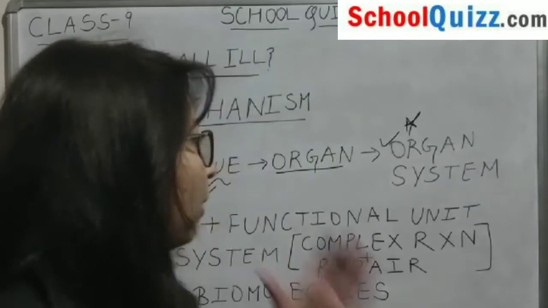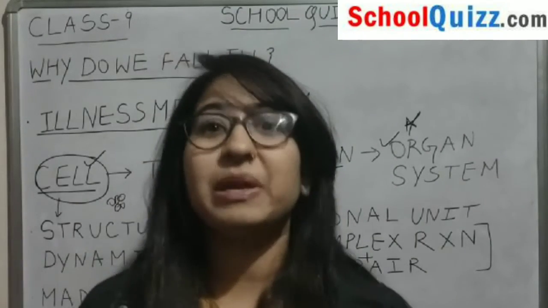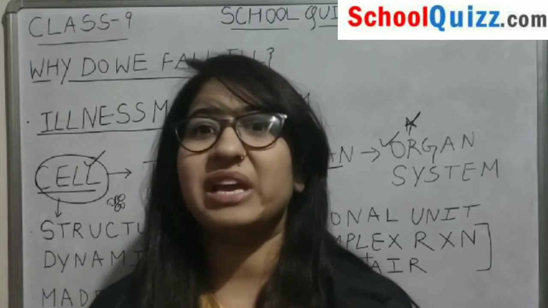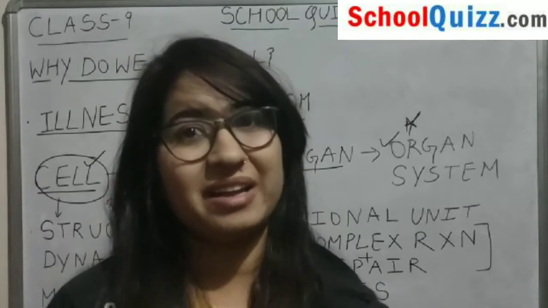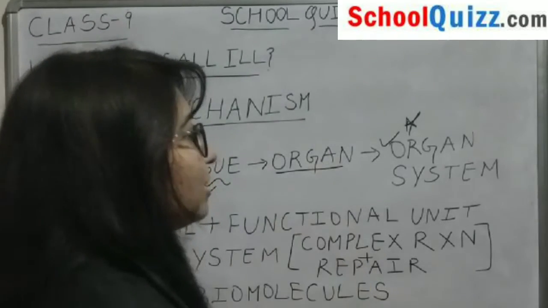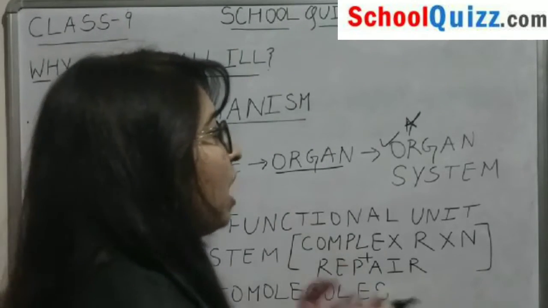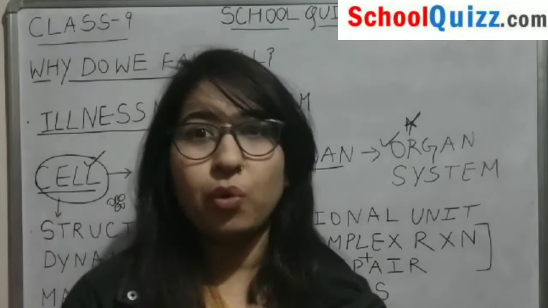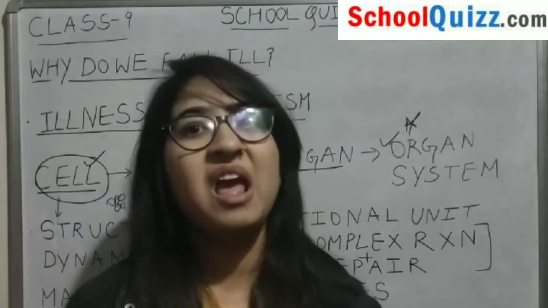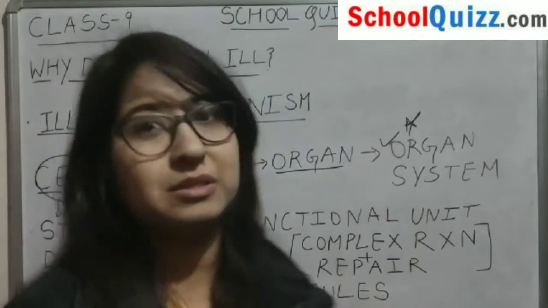When we talk about organs, an organ can be the heart, kidney, lungs, ureter, and other parts of the body. And when these different organs are involved in a system, or combinedly control the physiological processes of the body, they constitute an organ system.